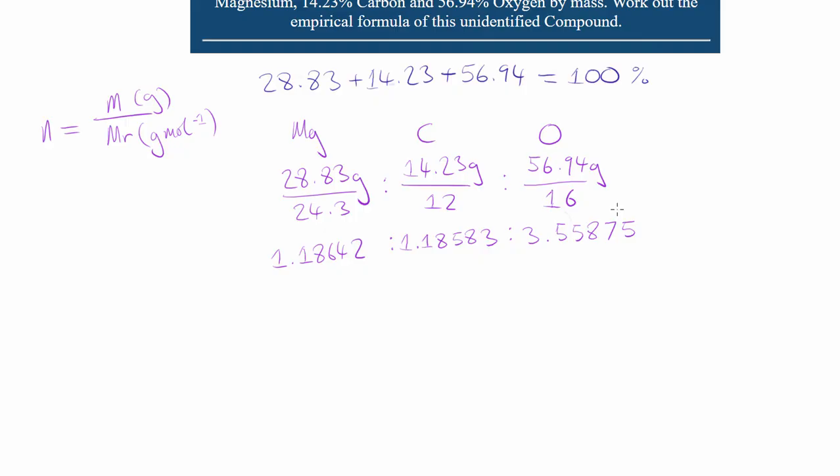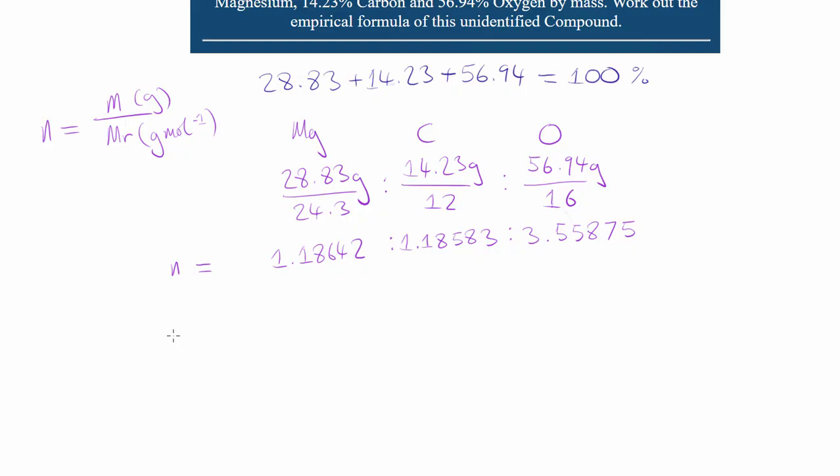Now that we've got these ratios, we can see that these are not integer values, and for the empirical formula we're looking for integer values, but at least at this stage we have a molar ratio established. So what we're going to do now is look for the smallest value among these and divide all the other values by it, and this should give us at least one whole number.